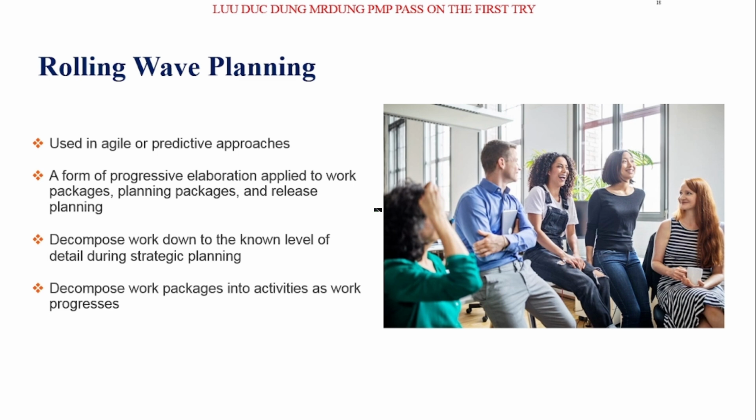Rolling wave planning is used in agile or predictive approaches, a form of progressive elaboration applied to work package planning and release planning. Decompose work down to the node level of detail during strategic planning. Decompose work packages into activities as work process.